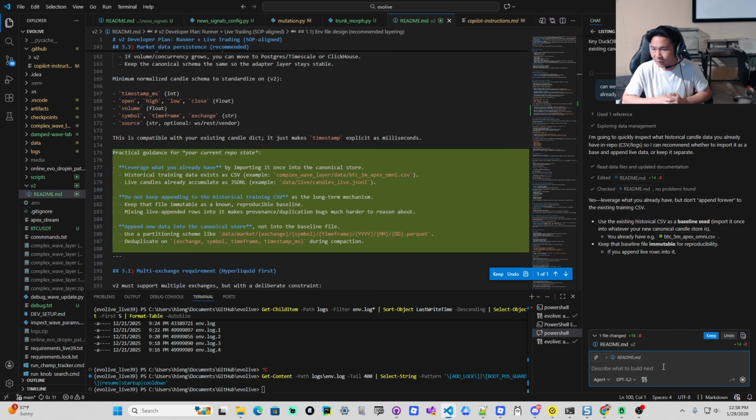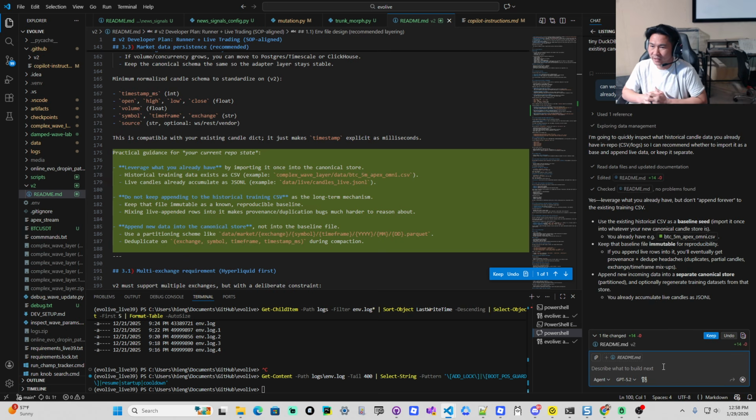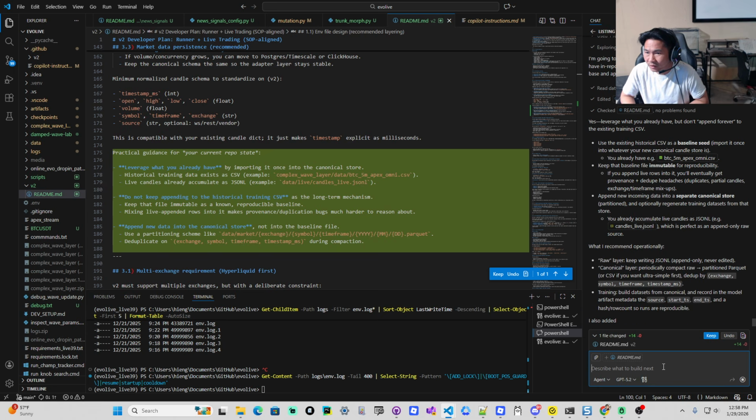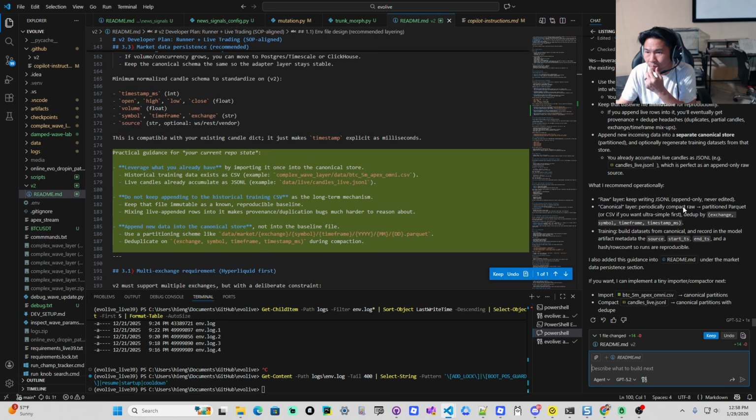Yes, here's what you already have, but don't append forever to the existing training CSV. Use the existing training as the baseline seed, import it once into whatever you have. It's immutable for reproducibility. If you append to it, you eventually get provenance and dedupe headaches, duplicates. Append new incoming data into a separate canonical store, and optionally regenerate training datasets from that store.